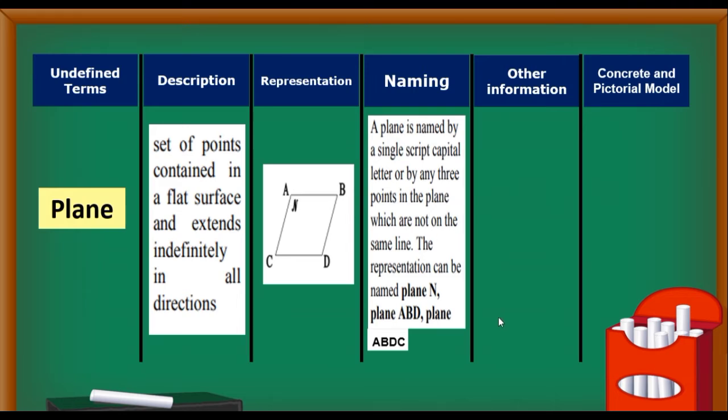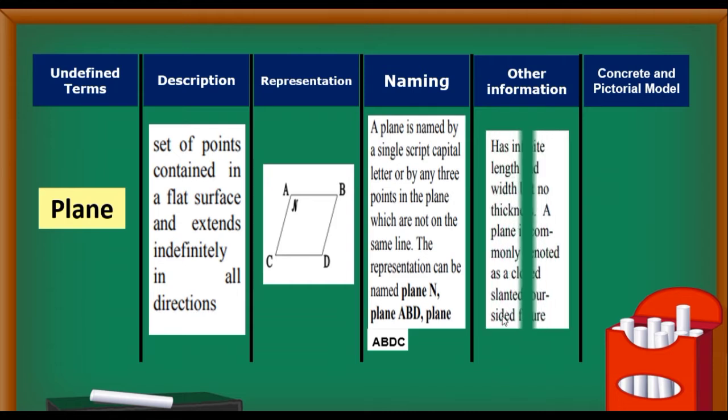So, ano po yung other information natin para sa plane? It has infinite length and width, but no thickness. A plane is commonly denoted as closed, slanted, four-sided figure. So, kung ang ating point ay wala siyang sukat, ang ating line, meron lang siyang length pero wala siyang lapad.